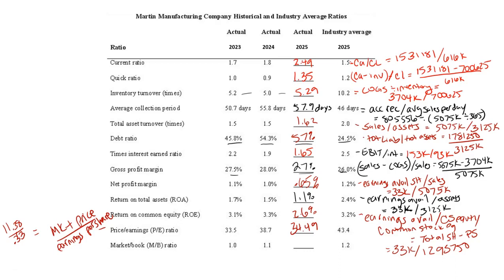Market to book ratio. This is the market price per share divided by the book value per share. So for this one, market price divided by book value per share. We first have to calculate book value. Book value is equal to common stock equity divided by the number of shares outstanding.